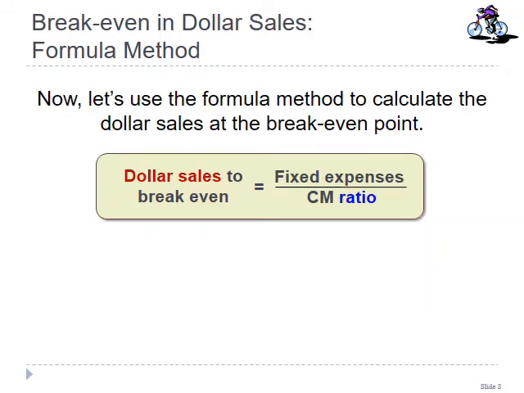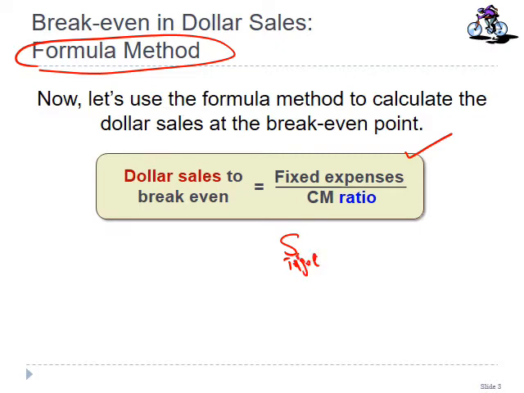Okay, now let's use the formula method to find out the dollar sales of the break-even. How did this formula come about? We already know from our previous slides that the target sales would be profit plus fixed cost divided by CM ratio, or in percentage, right?